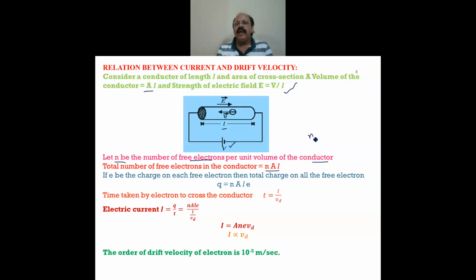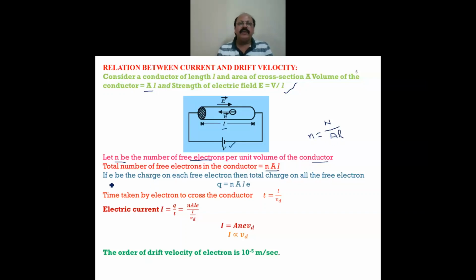Because small n is equal to total number of free electrons per unit volume, that is small n equal to capital N upon AL. Then the total number of free electrons, capital N equal to nAL.